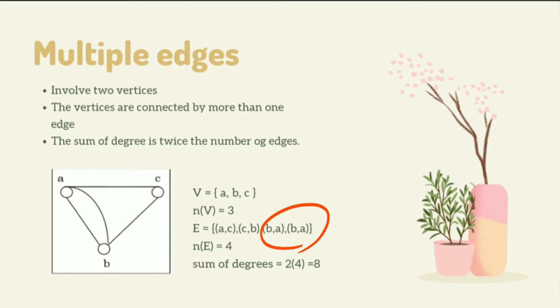Why there is double BA? Because there is two edges that connected by the same vertices. After that, we need to find the sum of degrees. The number of edges times 2. As example in our slide, 2 times 4 equal to 8.